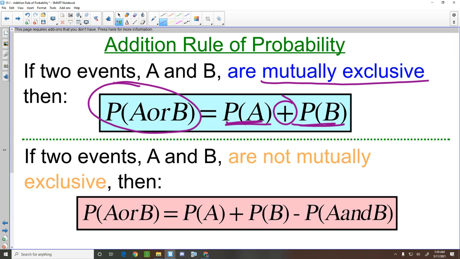Then just add them together, and that would be the probability of rolling a 2 or a 3. Because those are mutually exclusive events.